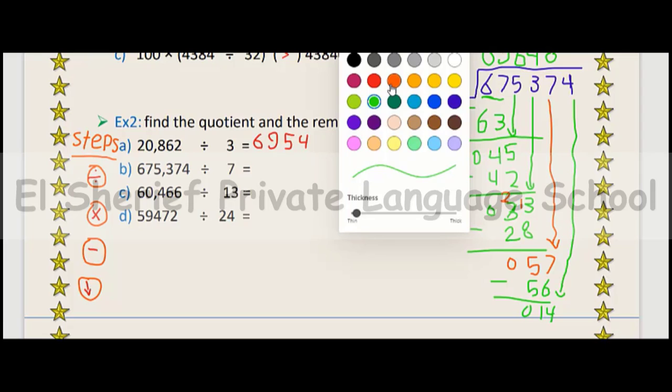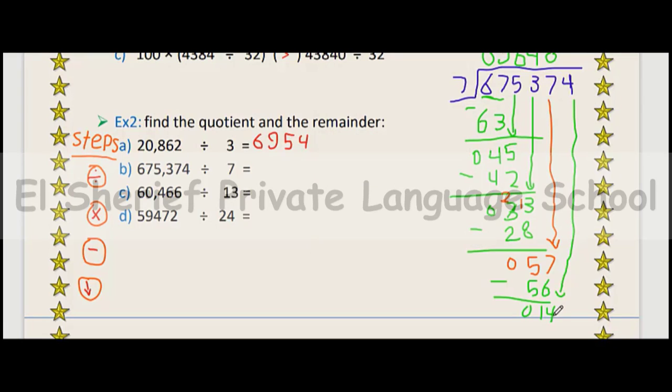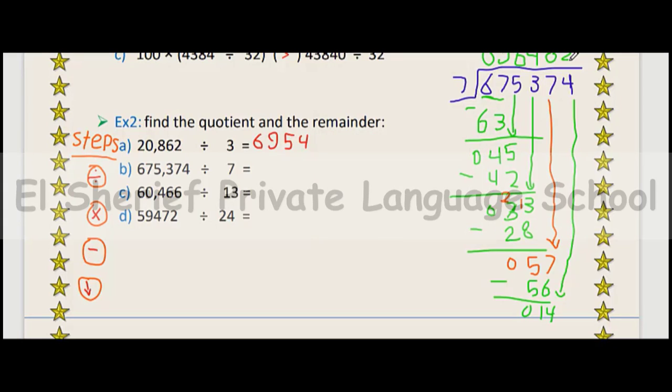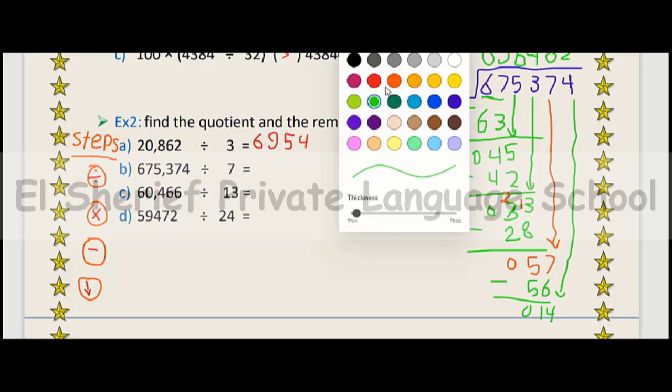Okay, so 14 divided by 7 equal what? 2 times 7 equal 14, so we will choose 2. And 2 times 7 equal 14.